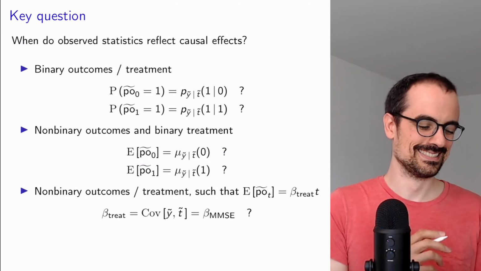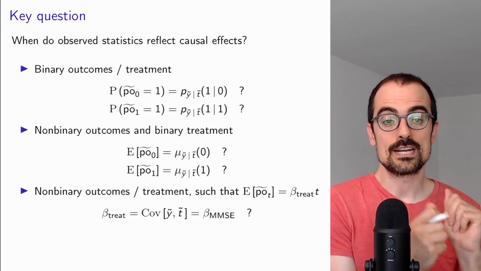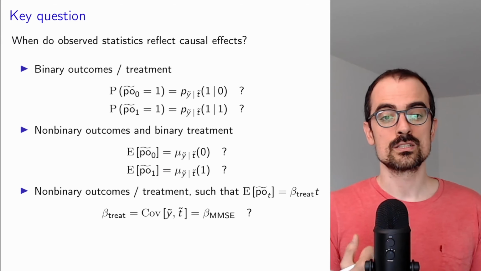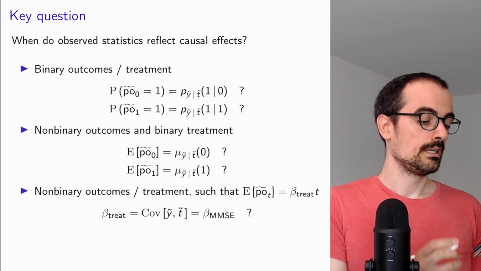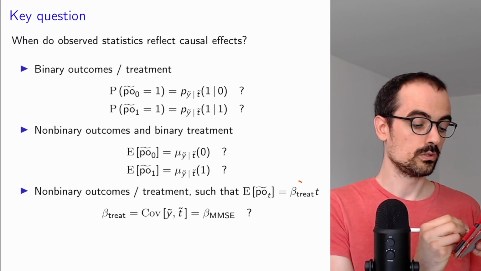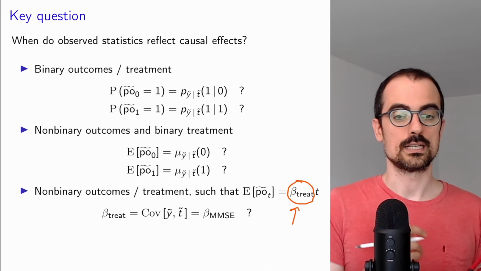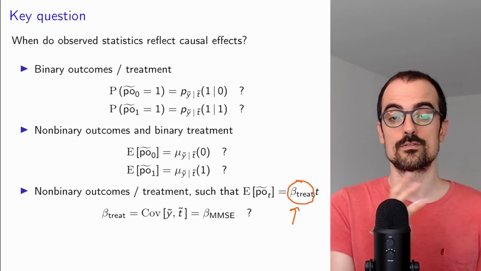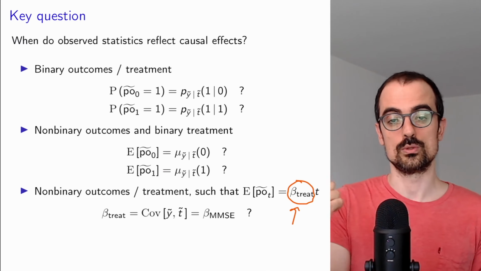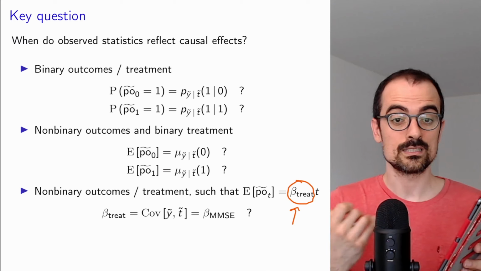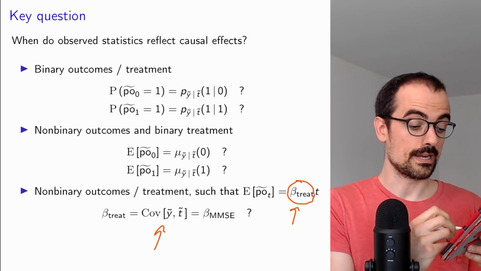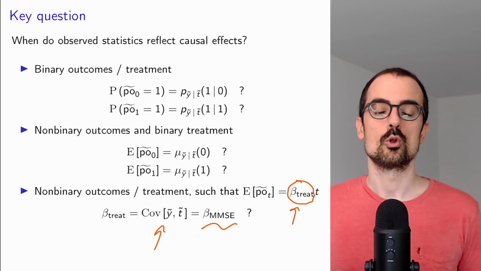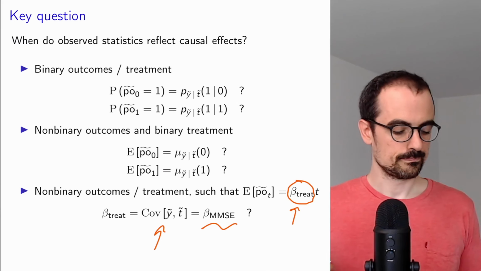Sorry about that. Finally, when we have non-binary outcomes and treatment and we're interested in linear effects, when can we say that this true linear effect that we see when we have access to all of these alternative realities, when there were different temperatures and we could have access to the corresponding unemployment, is equal to the observed covariance or the observed linear regression coefficient between unemployment and temperature?